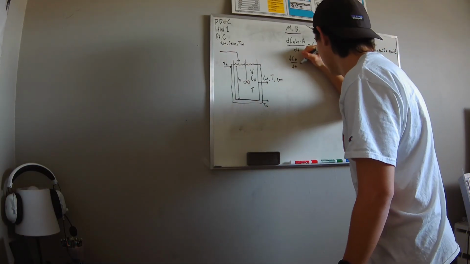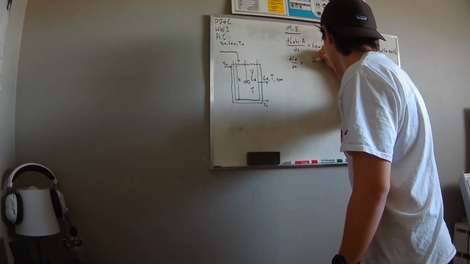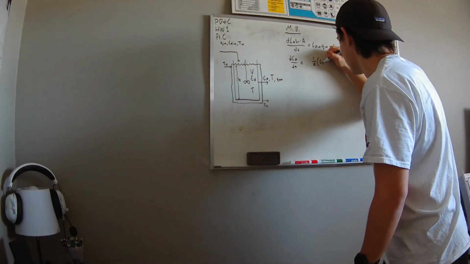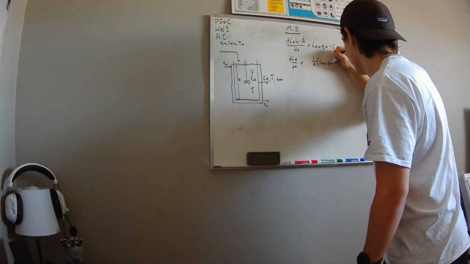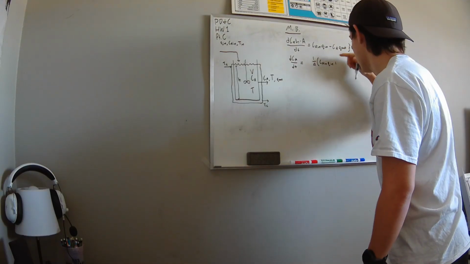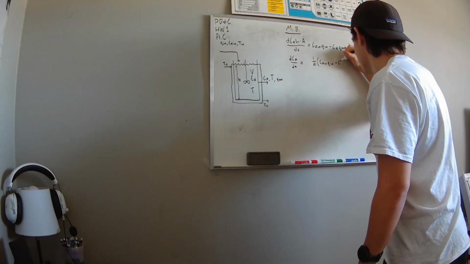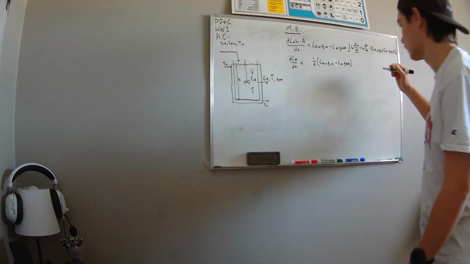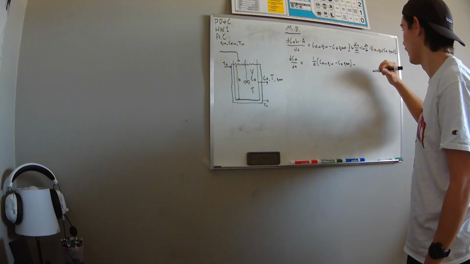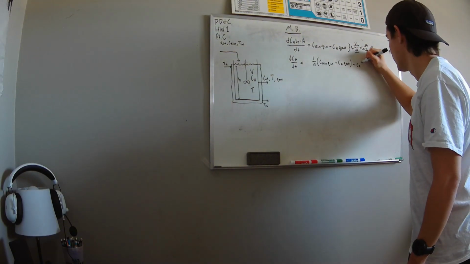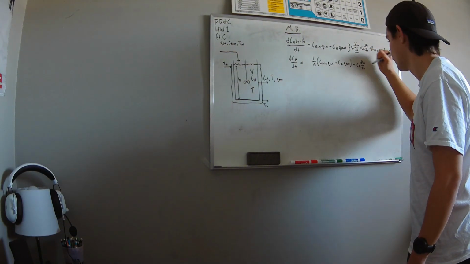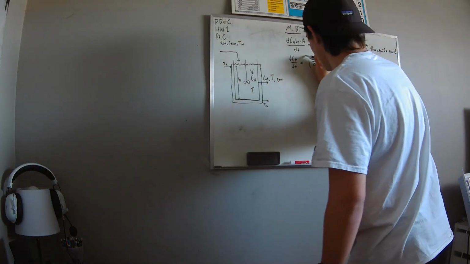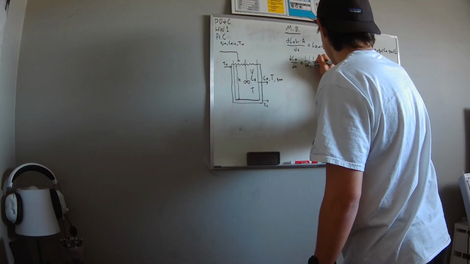It's going to equal 1 over A times CAn Qn minus Ca Q out. This is all going to be subtracted by Ca times dH dt, all times 1 over H.